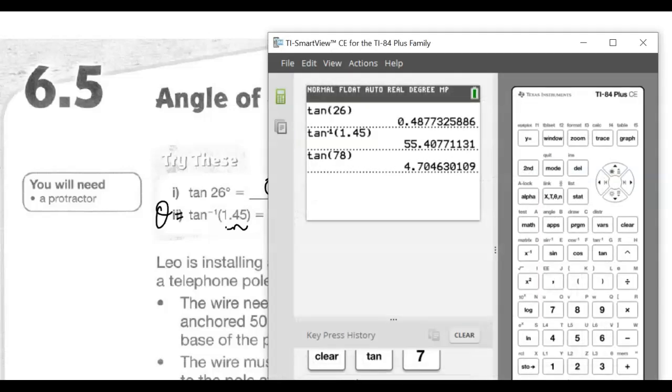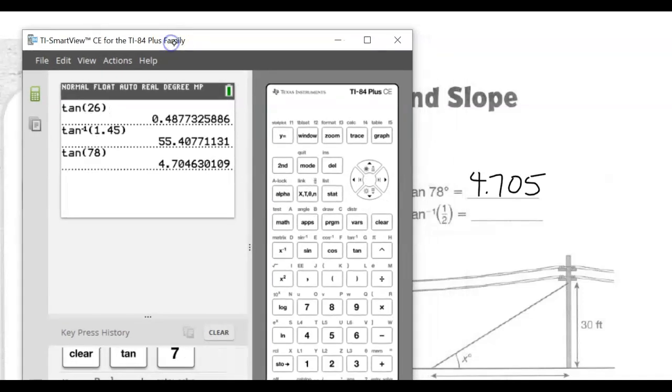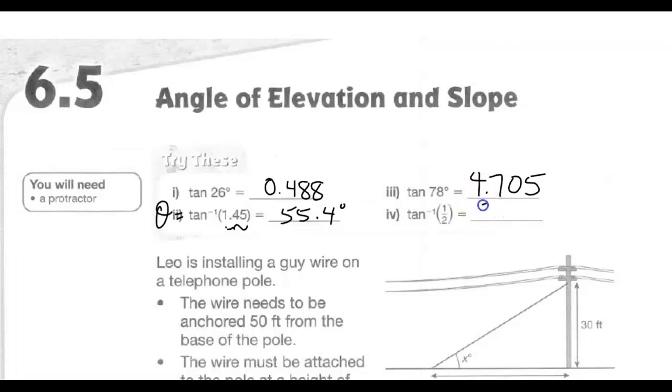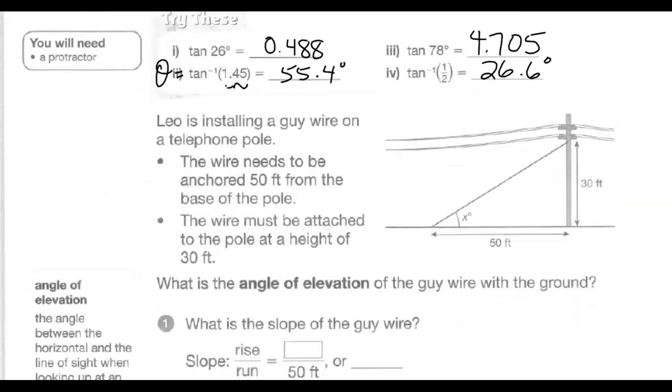And then the next one is second key, tan key, 1 divided by 2. So if it's given as a fraction, just enter it like a fraction. And then that's 26.6 degrees.